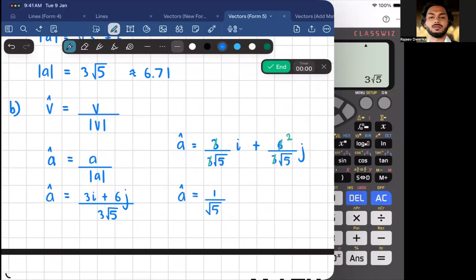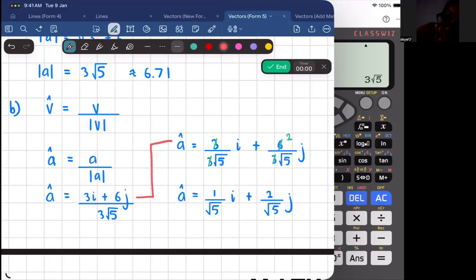And what the next one? So then it got me 2 over root 5. Okay, yep. And question, if I find the magnitude of that, what am I supposed to get? What did I just find?